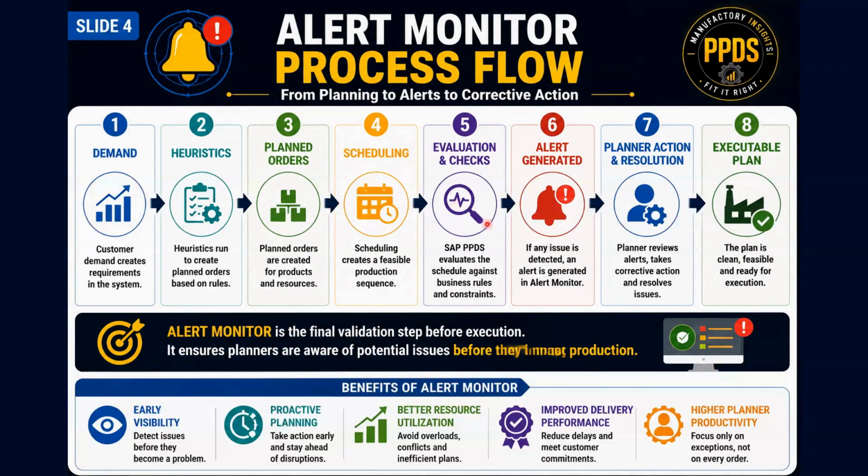Then evaluation happens, based on the scheduling, whether the business rules or the constraints are violated or not. Then the Alert Monitor comes in. The Alert Monitor will generate the alerts based on the defined rules.